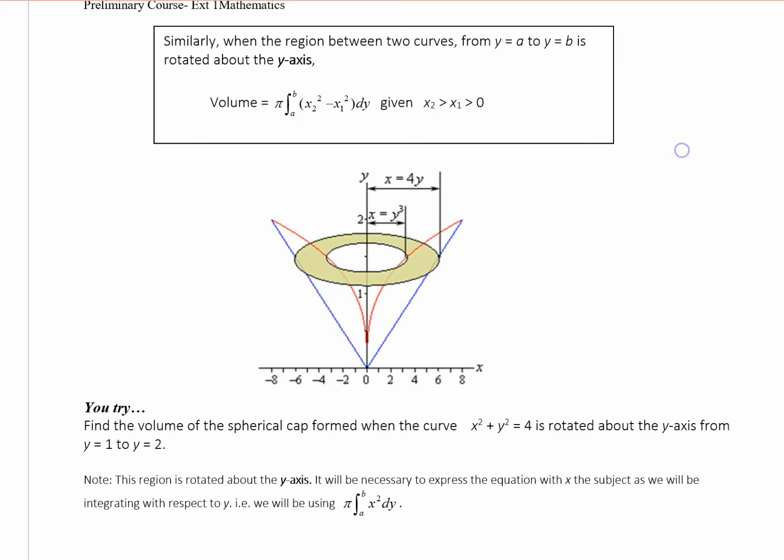In this example, it says find the volume of a spherical cap formed when this curve is rotated about the y-axis from y equals 1 to 2. Let's have a look at what that's going to be like.